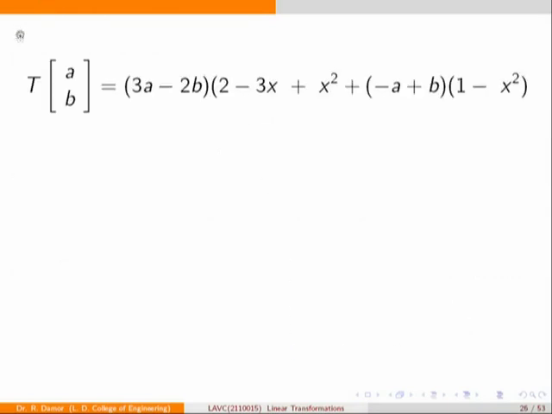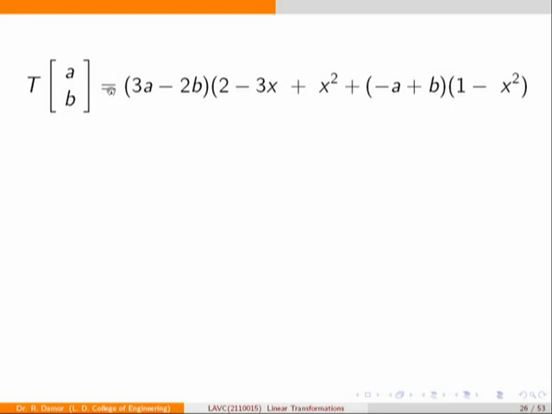See this, so this is my T of V. T of (a, b) can be written as (3a minus 2b) times T of V1, which is 2 minus 3x plus x square, this bracket is closed, plus (minus a plus b) times T of V2, which is equal to 1 minus x square. Now simplify this.